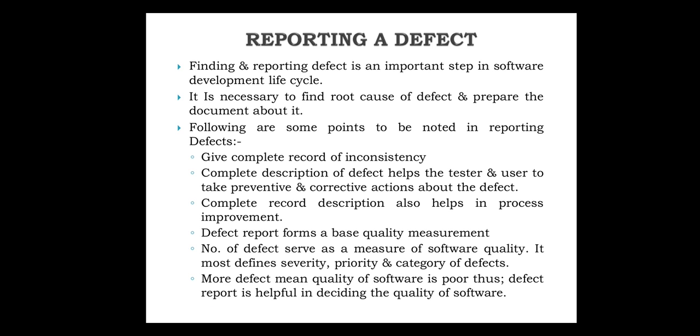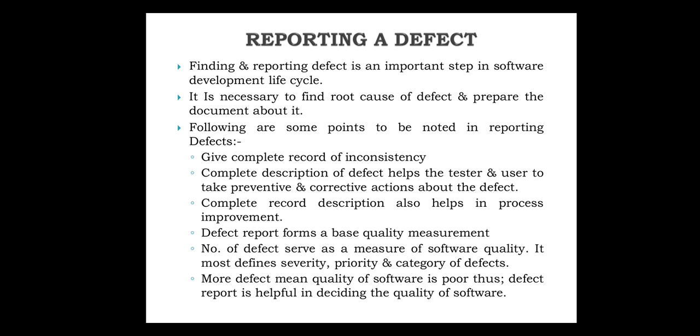Next, the defect report forms a base for quality measurement, whether the defect is according to its status, in which particular stage or which particular phase. Next, the number of defects serves as a measure of software quality.